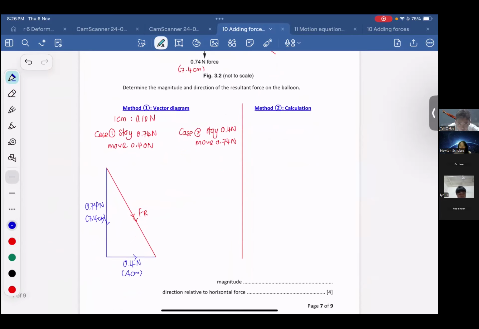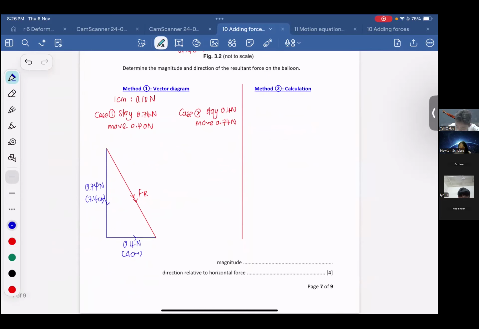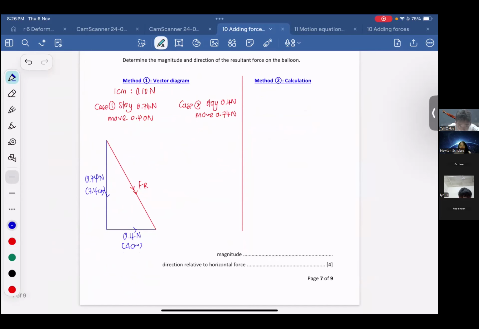Plus minus we accept, but for the calculation part, no. Calculation is accurate, it must be the exact answer. If you draw it properly, you will roughly get an answer like 0.4, 0.5.